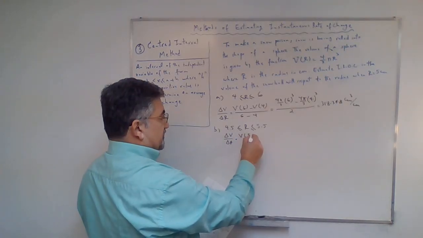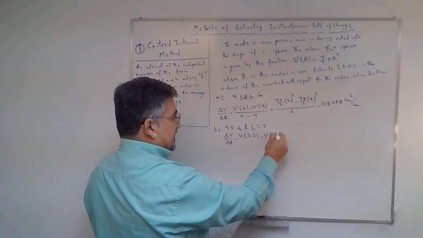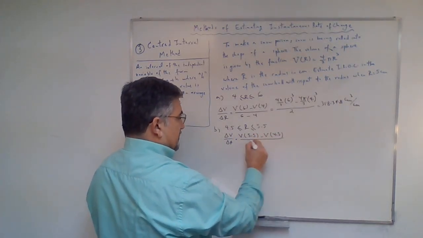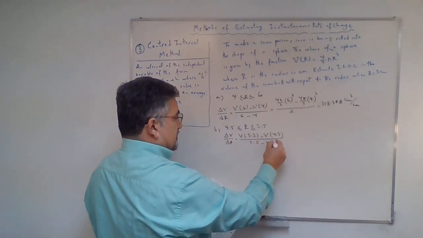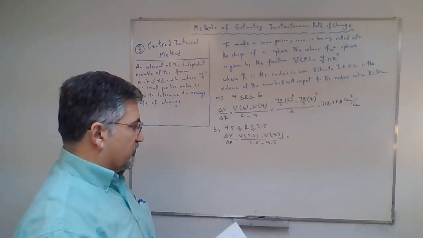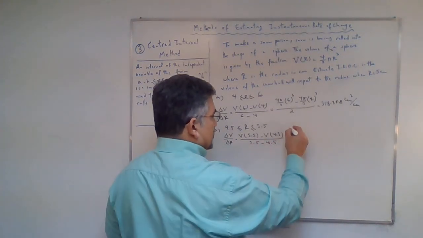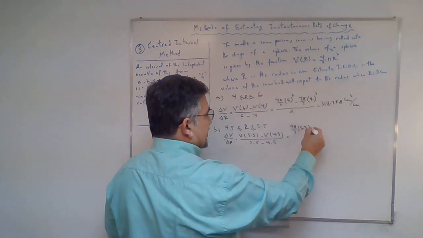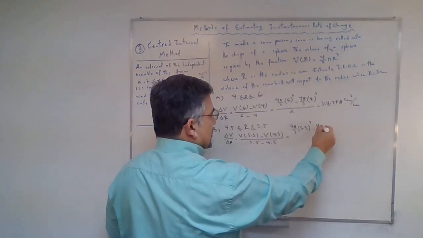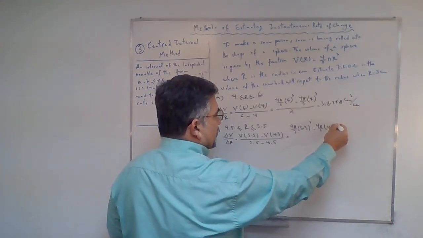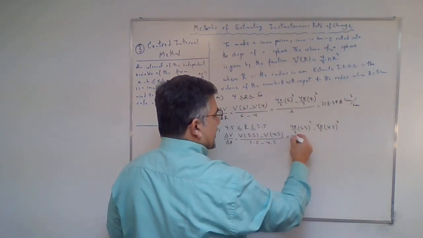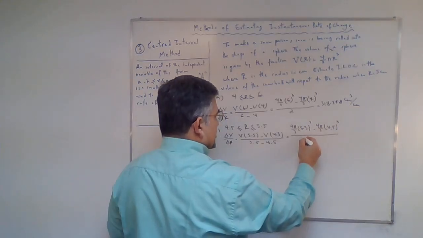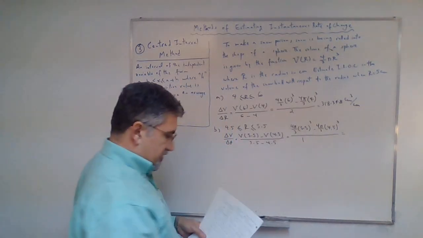This time it would be V at 5.5 minus V at 4.5, and the same thing in the denominator, 5.5 minus 4.5. And then we would just say 4 pi over 3 times 5.5 cubed minus 4 pi over 3 times 4.5 cubed. And perhaps this way we would have a better approximation.